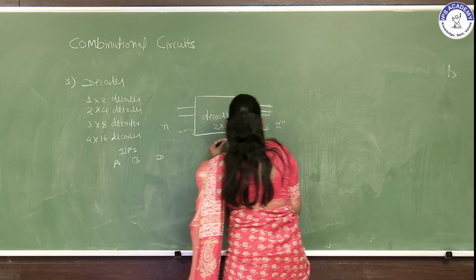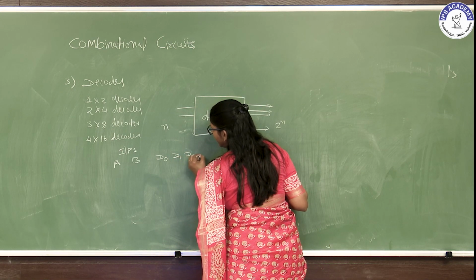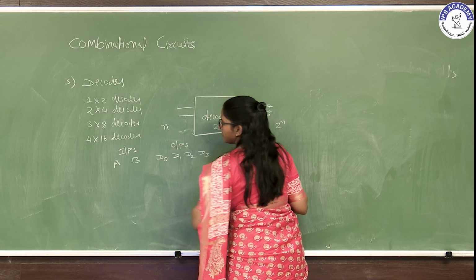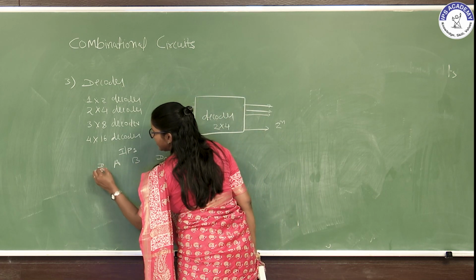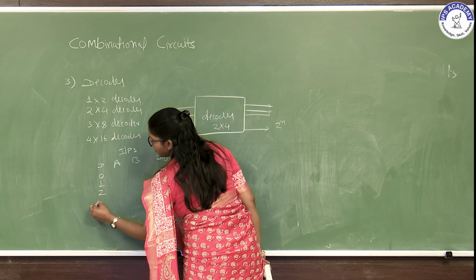Suppose I have the outputs named D0, D1, D2 and D3. These are my outputs. Again the combination will be in decimal, suppose 0, 1, 2 and 3.